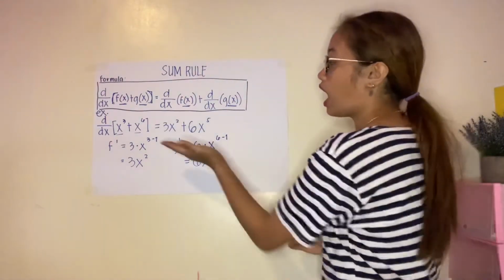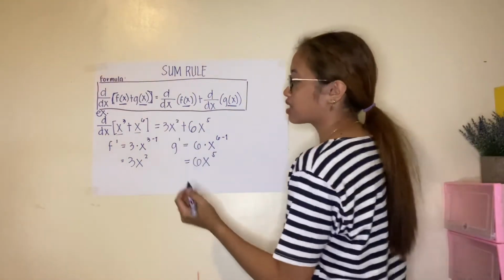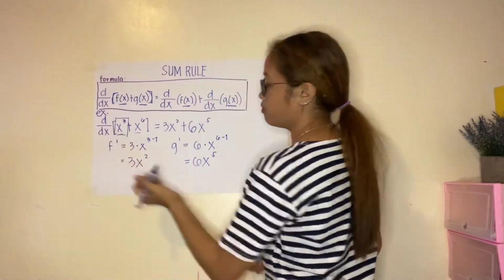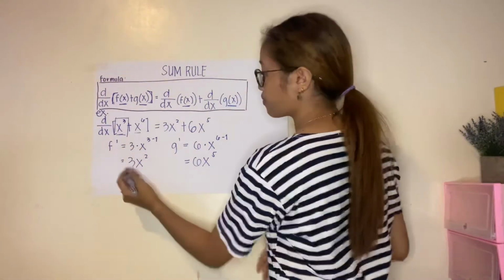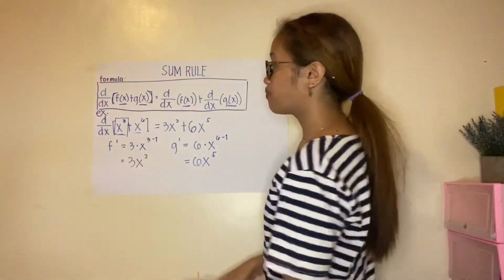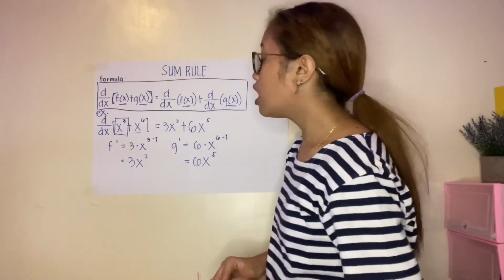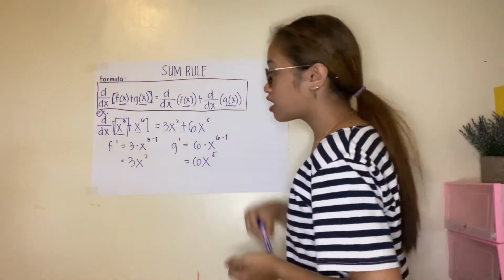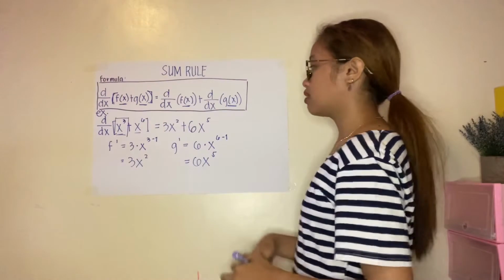Why? How did we get this? So, first, we'll get the derivative of x cubed, which is our f. So f prime is equal to 3 times x raised to the power of 3 minus 1. So the derivative of f would be 3x squared.